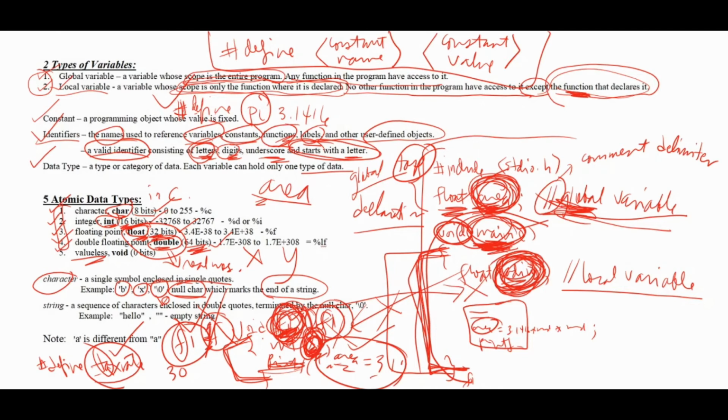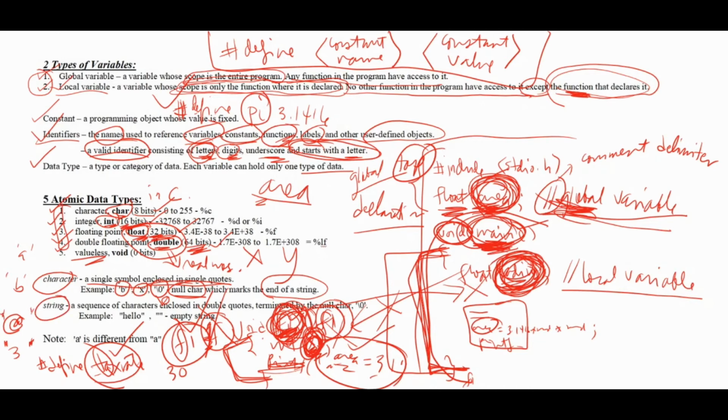Okay, so again, remember, a character is a single symbol enclosed in single quotes, like this one. This is a character. This is a character. This is a character. And that is a character. So any single symbol enclosed in single quotes, that's a character value.